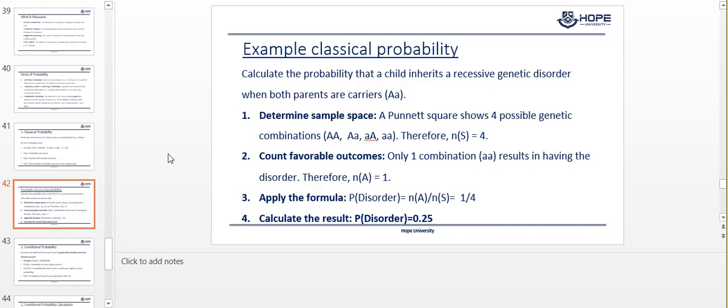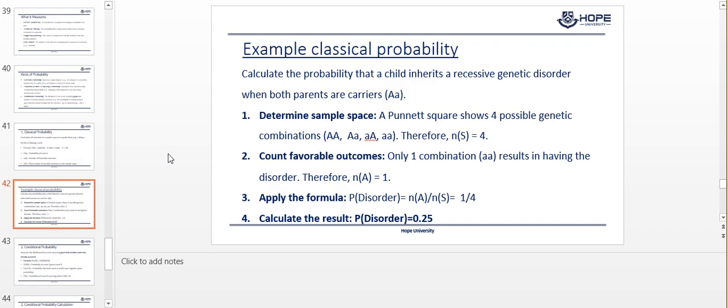For example, for classical probability, calculate the probability that a child inherits a recessive gene disorder when both parents are carriers, not affected by the genetic disorder, having chromosomes A and a small. Determine the sample space by using a Punnett square, showing how 4 possible genetic combinations can occur. For example, capital A capital A, capital A small a, small a capital A, small a small a.